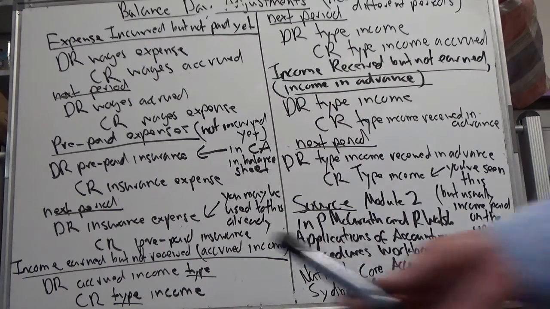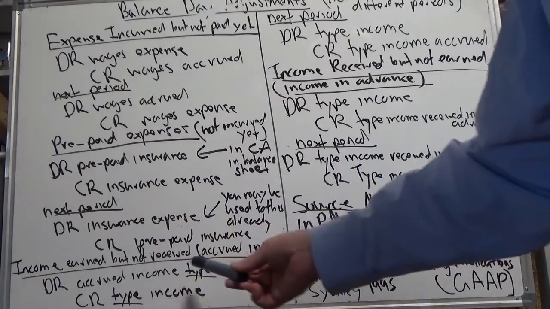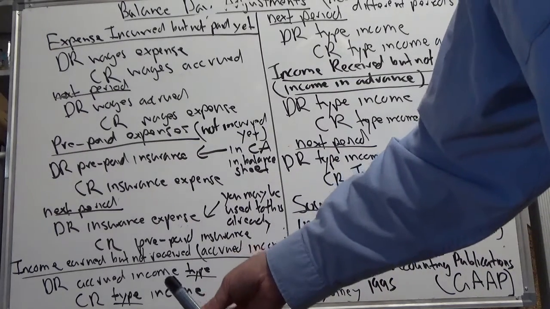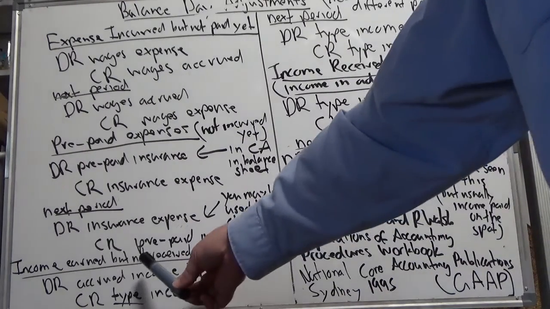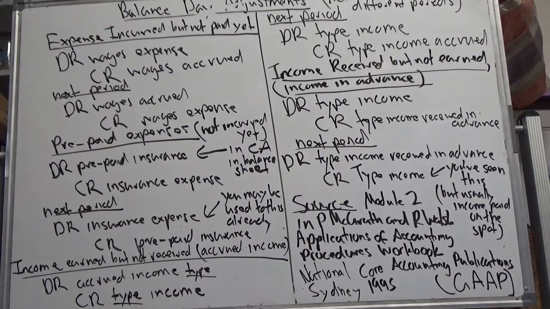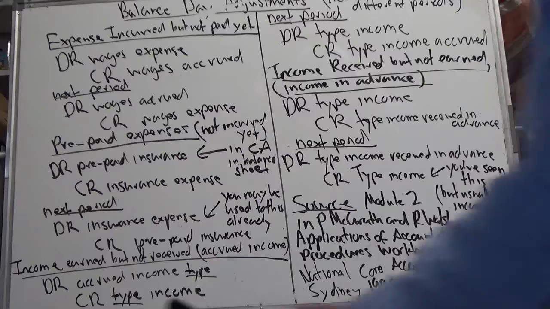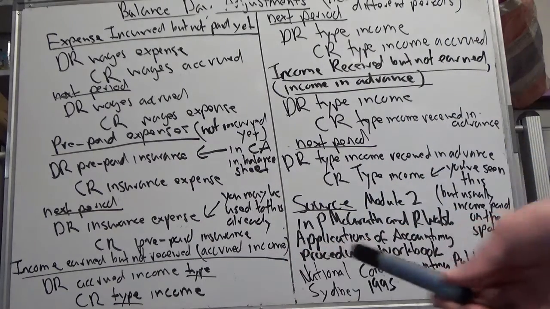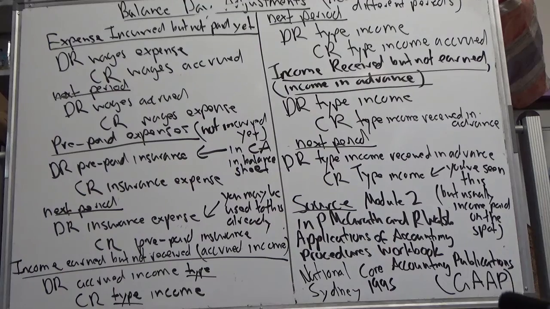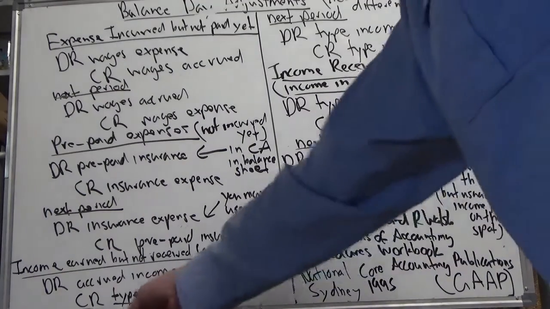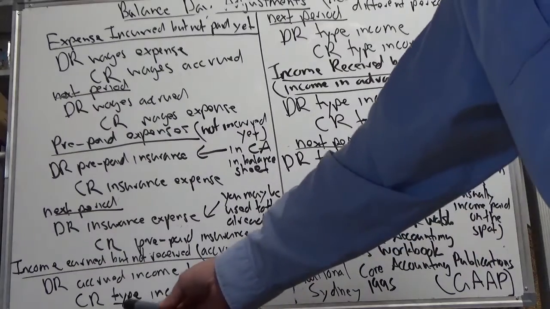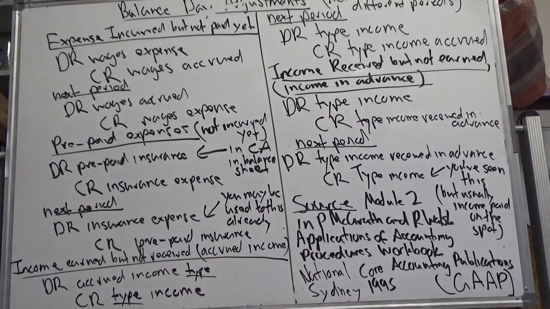And the next one is income earned but not received, accrued income. So you've done the work, you've earned your income, but you haven't got your money yet. And that occurs quite a lot, actually, in the business world. So you debit accrued income, whatever the type of income is, whether it's rent or contractual work or whatever it is, label it and credit the type of income again. Credit contract income as an example.